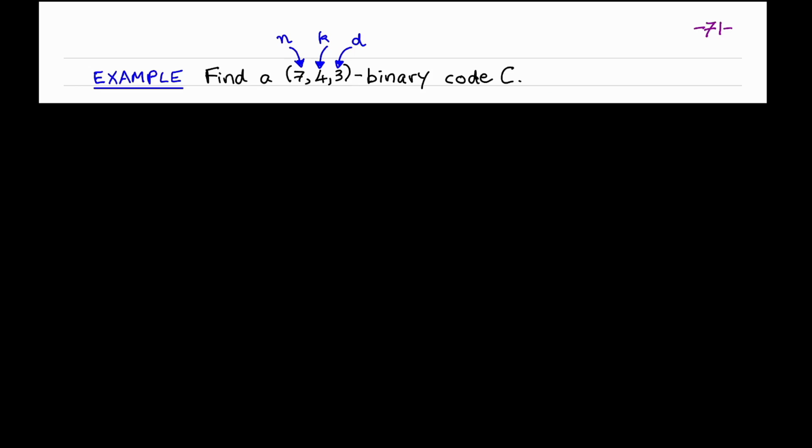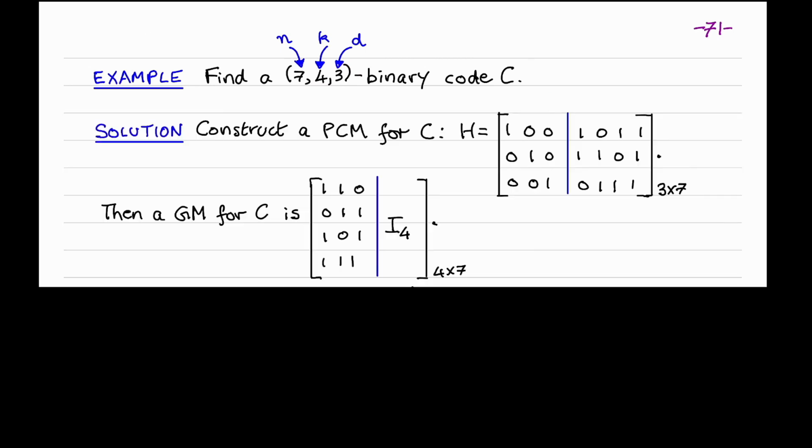Here's my third example. Let's find a 7-4-3 binary code C. So I'm using 3 parameters to specify the code: its length, its dimension, and its distance. I'll construct the code C by first constructing a parity check matrix for C, and then deriving a generator matrix for C. So a PCM for C should be an n minus k by n matrix, so a 3 by 7 matrix that has rank 3.